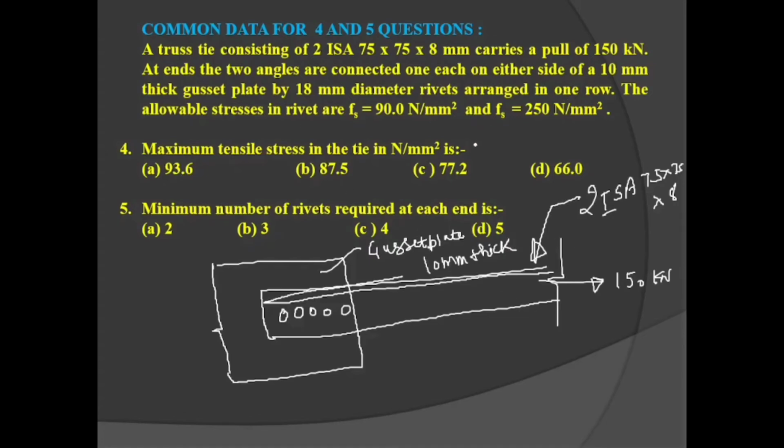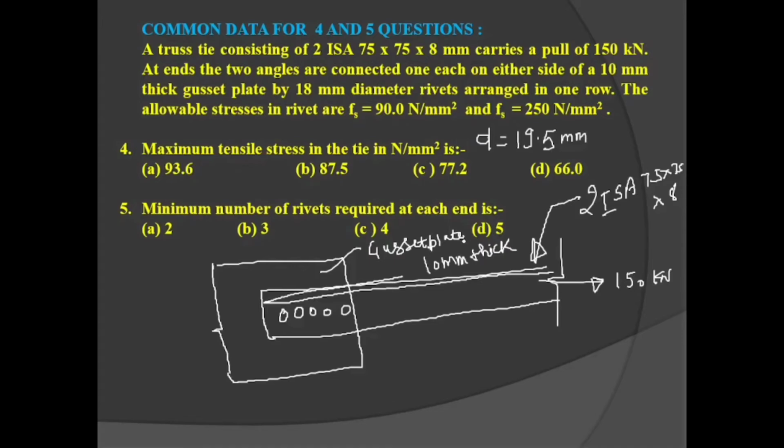So our gross diameter D will be equal to 19.5 mm, because 18 plus 1.5 mm. Now allowable stresses are given; we have to calculate the maximum tensile force and the minimum number of rivets, which means the rivet value is required before that.